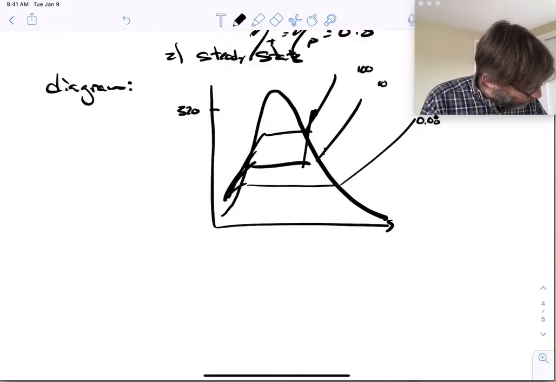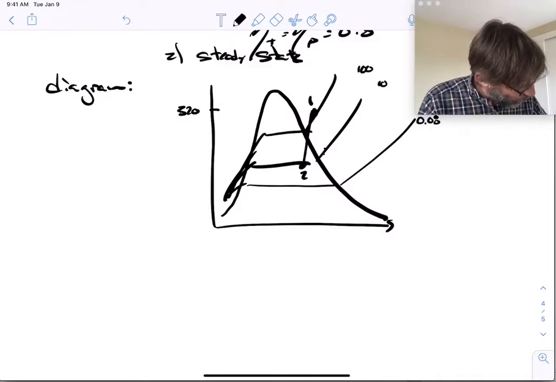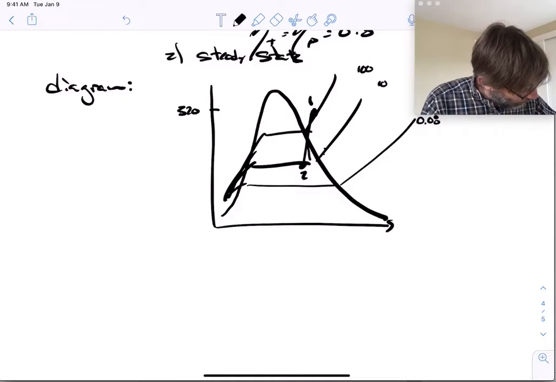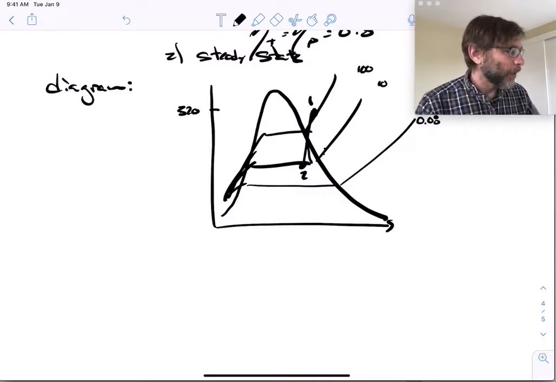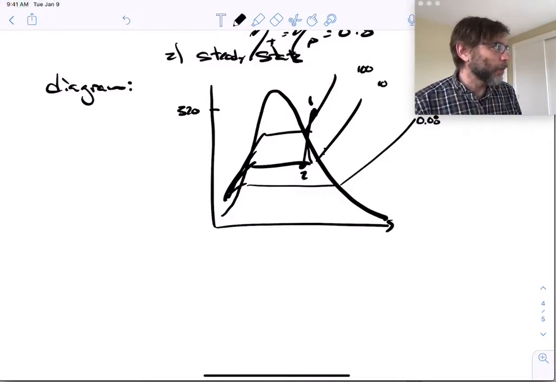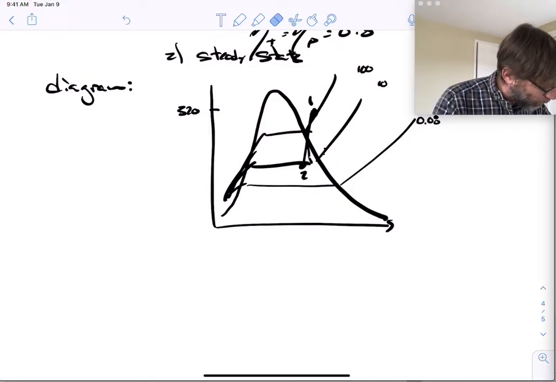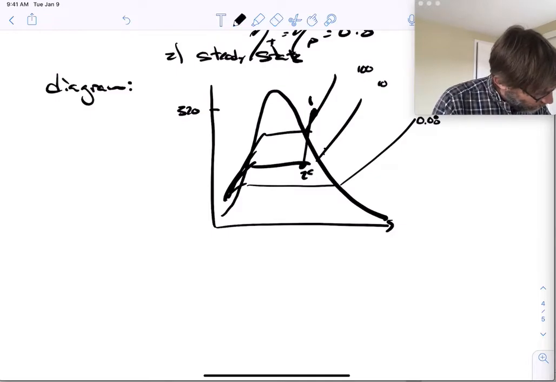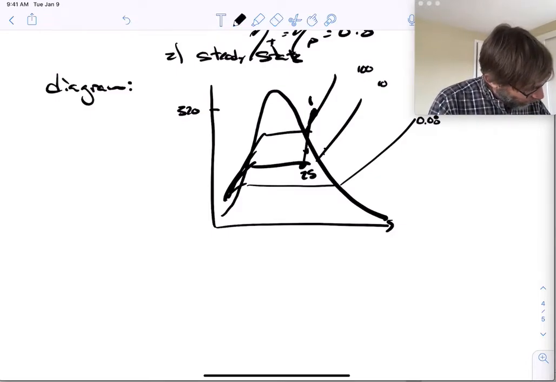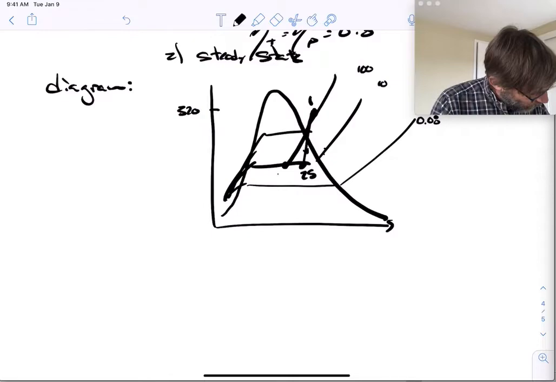So this is 1, 2, and then 2s is straight down, and then 2 actual is going to be like this.